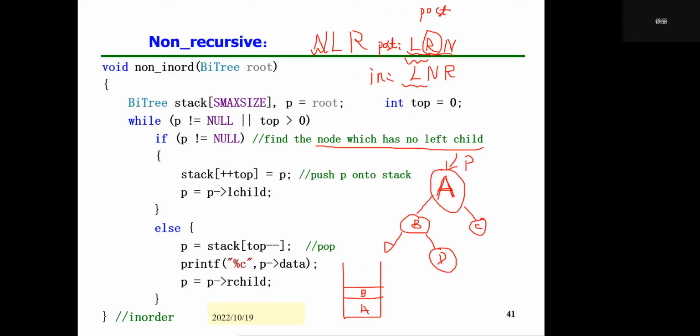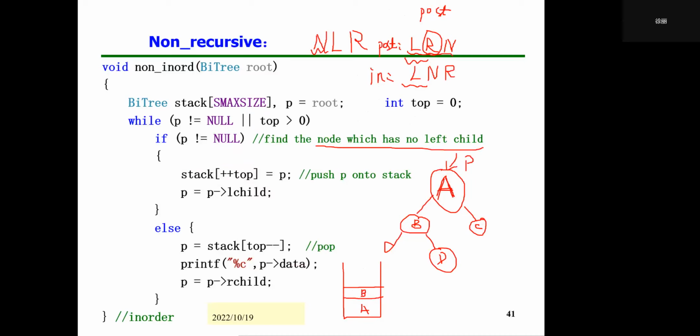So how can we know whether it's the first time we push or the second time we push? So we need to define a flag to tell us whether this is the first time or the second time for every node.